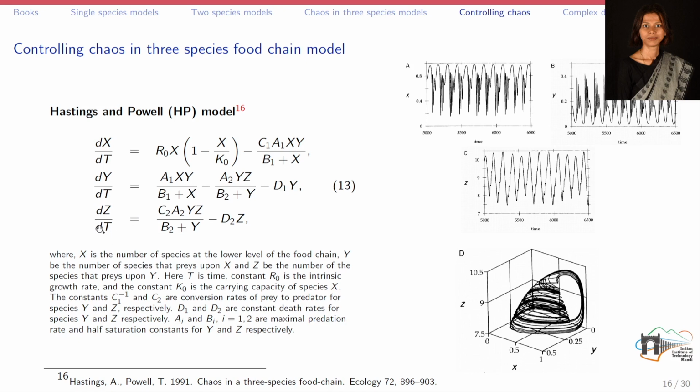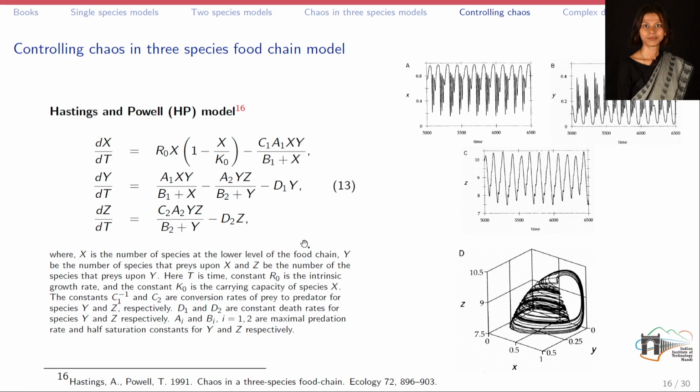However, for the top predator Z, the death is of type minus T2Z, which is a decline in the predator population due to the absence of its favorite food, and this is again the growth in the predator population which follows Holling type two functional response, and it is due to the predation of the intermediate predator Y.